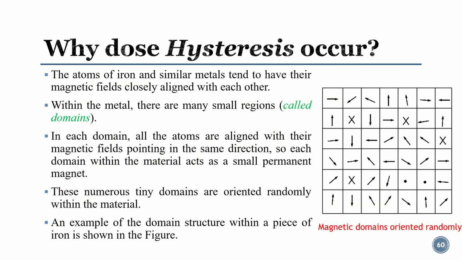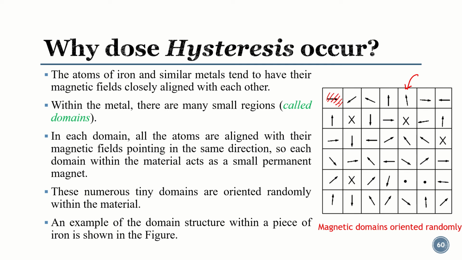We actually have different domains, which are small regions. This is the internal magnetic field within the different domains, so this is the orientation of the magnetic field in different regions.